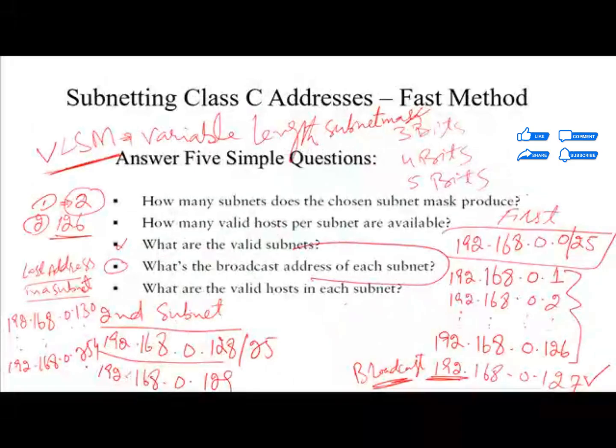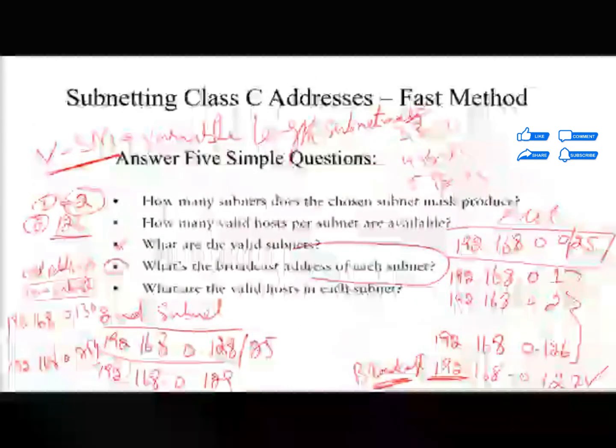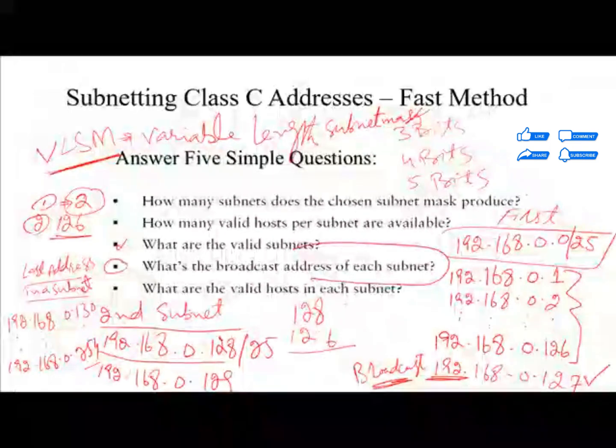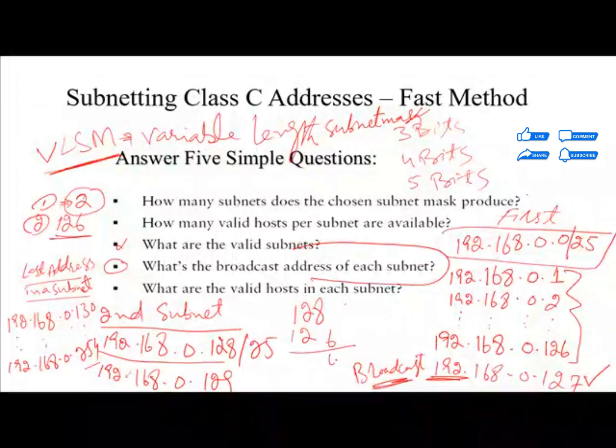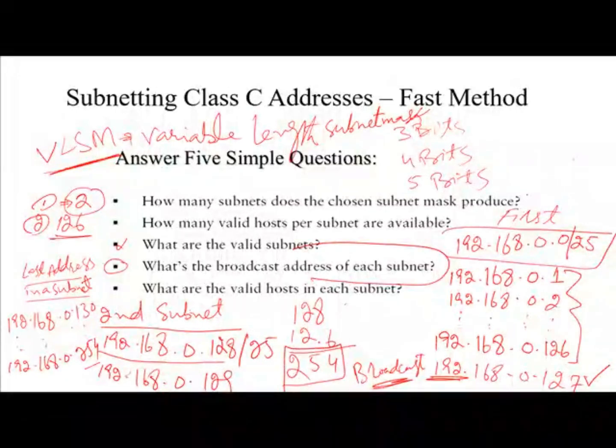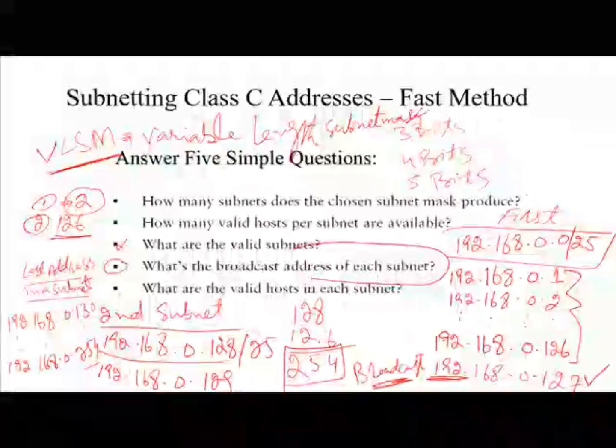If you add 128 and 126 together, you get 254. So 254 is the last address in this subnet which we can assign to a computer. You can calculate it that way as well for simplicity.